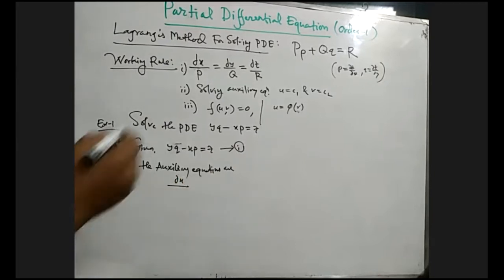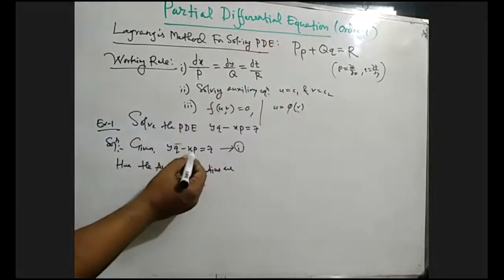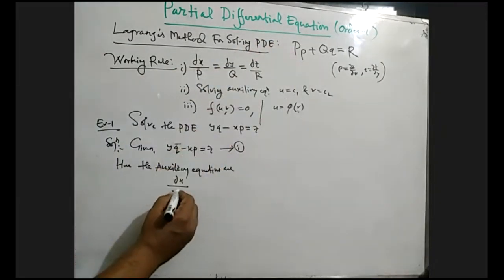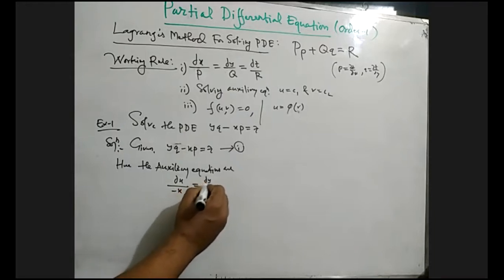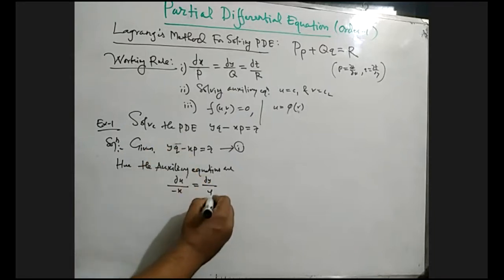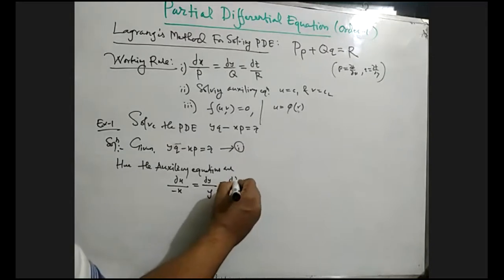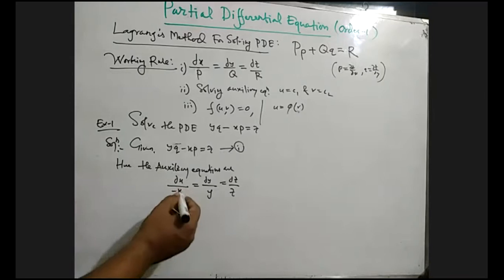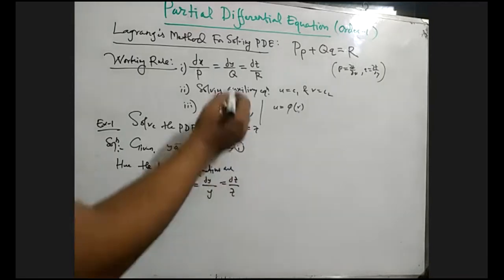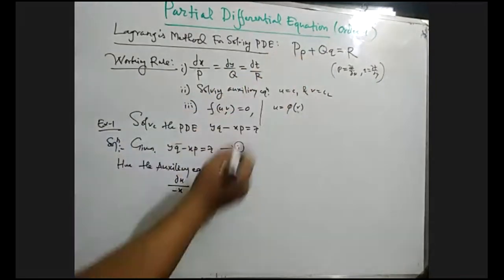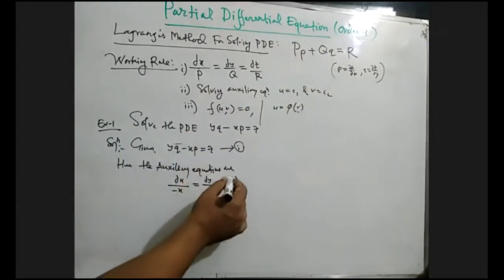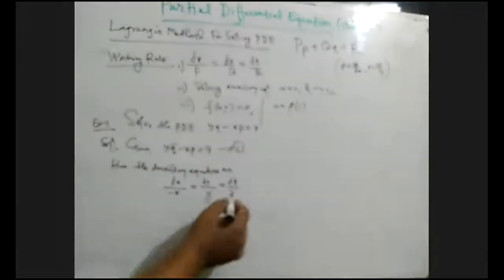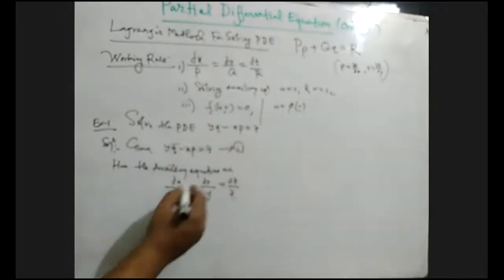P means coefficient of p, minus x. And dy equals coefficient of q, y. And dz divided by the right hand side. Understand everybody? dx divided by coefficient of p, dy divided by coefficient of q, comparing with this, and dz divided by the right hand side, only z.